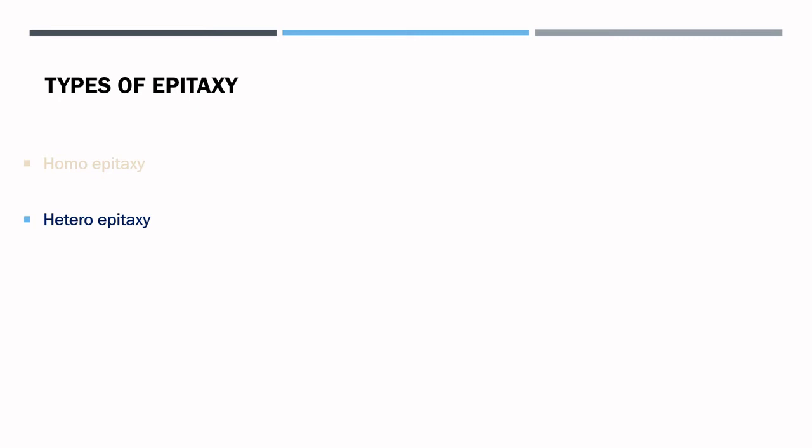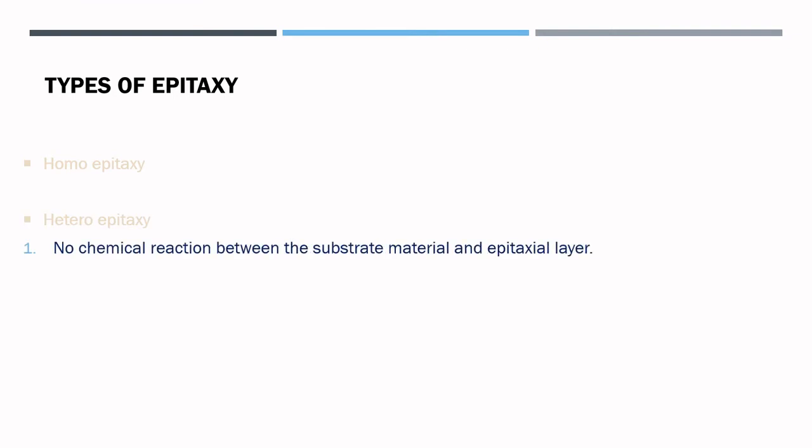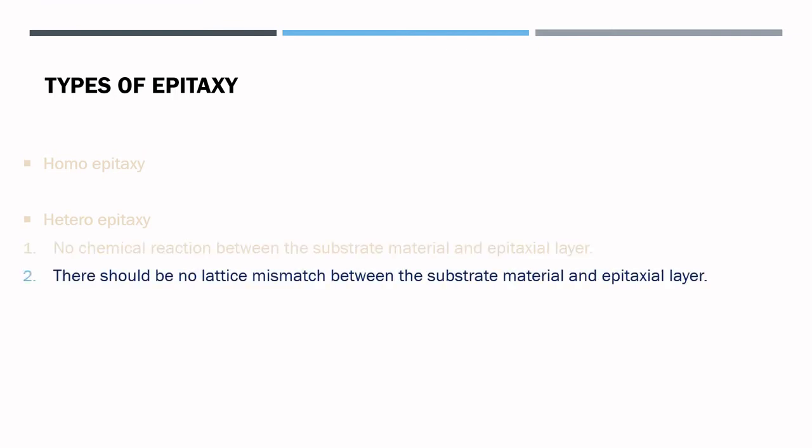There are three important rules observed during heteroepitaxy. The first one is that heteroepitaxy is possible if there is no chemical reaction between the substrate material and the epitaxial layer. The second rule is that there should be no lattice mismatch between the substrate material and the epitaxial layer.